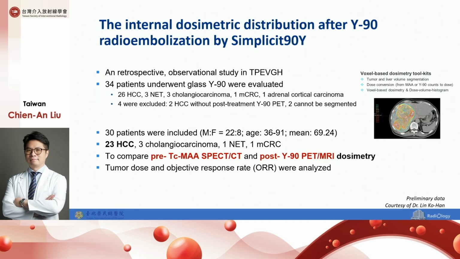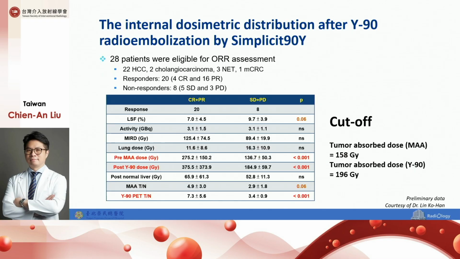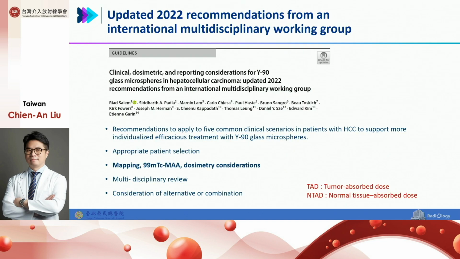We tried to compare the pre-procedure MAA SPECT CT and the post-Y90 PET MR. For the responder group, the tumor absorbed dose is greater than the stable disease or PD group. And the post-Y90 dose is actually higher than the pre-MAA dose. And this is our data.